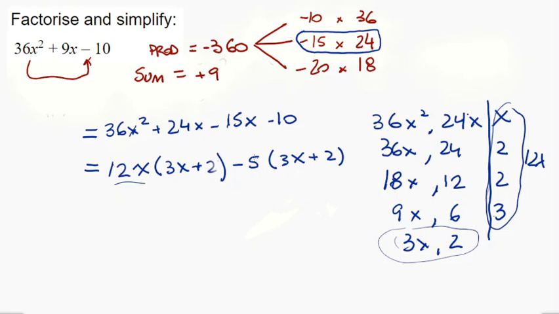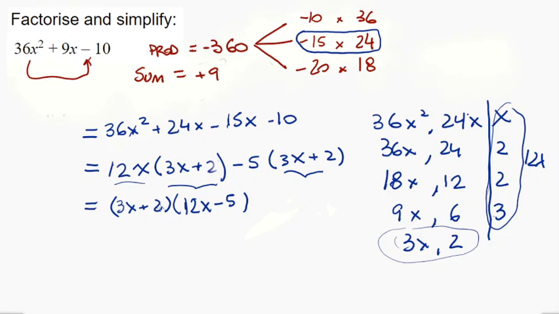Or, how many times do I have to multiply negative 5 to get negative 10? 2. So that's where we arrive now. And then I've got 3x plus 2 on both of them. So 3x plus 2 is our common factor. And then I have 3x plus 2 multiplied by 12x and, in the second term, negative 5.